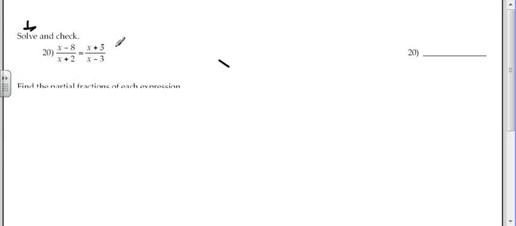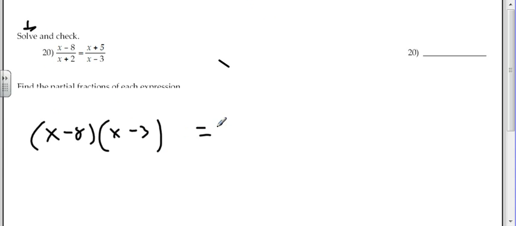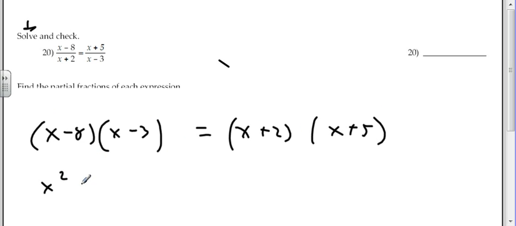now it says solve and check, and what that's telling you is that because I'm going to square something in here, I might end up getting an answer that won't work. Okay, so x minus 8 times x minus 3 is x plus 2, x plus 5 by cross multiplying. So I got x squared minus 11x plus 24 is equal to x squared plus 7x plus 10.